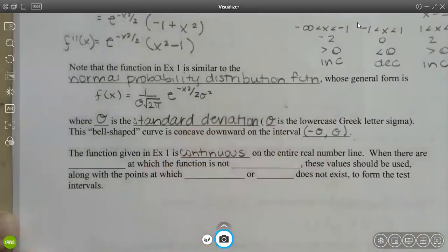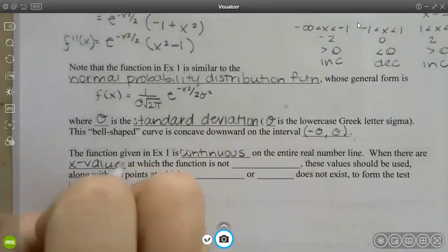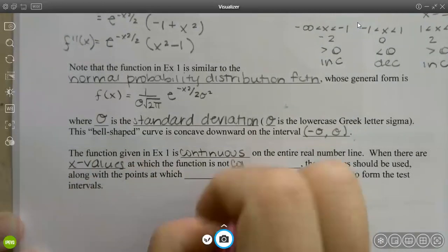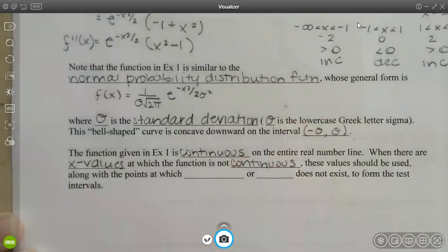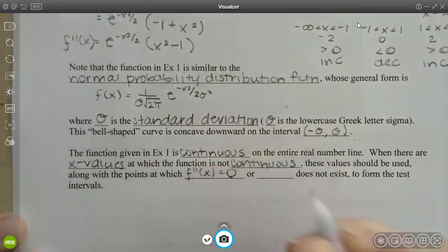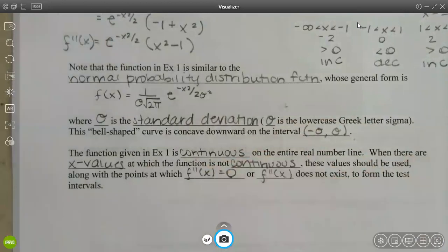When there are x values at which the function is not continuous, these values should be used along with the points at which f double prime x is equal to 0 or does not exist to form the test intervals.